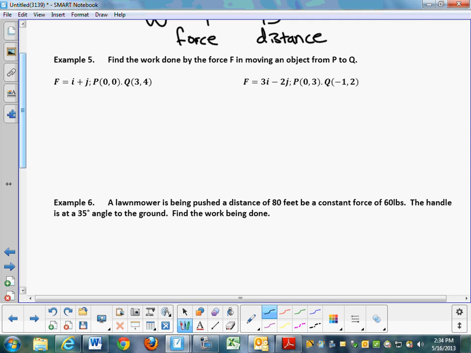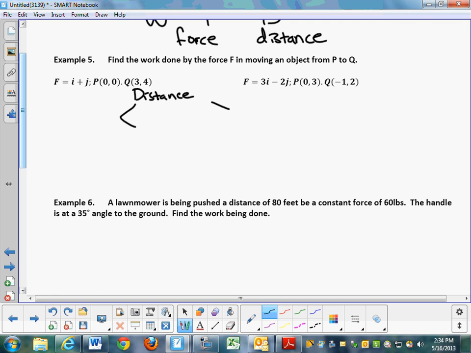And so we have to figure out two things. Number one, we have to figure out the force. Number two, we have to figure out the distance traveled. So let's figure out the distance first. The distance between 2 points I can express in component form of a vector by simply subtracting the x values and subtracting the y values.